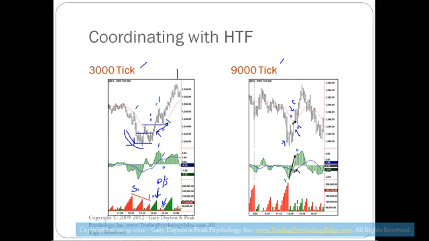And Gajendra asks, is there only one parameter for the Weiss wave? No, there are a few different parameters, but the main one is setting the wave size.